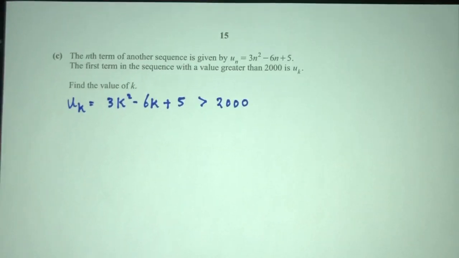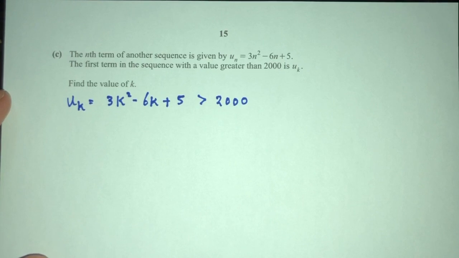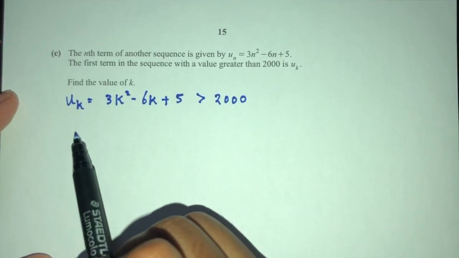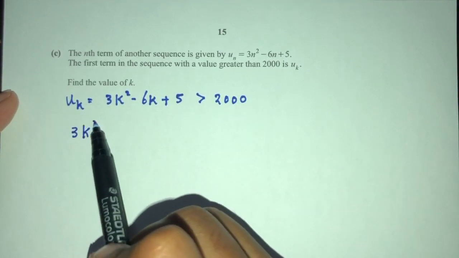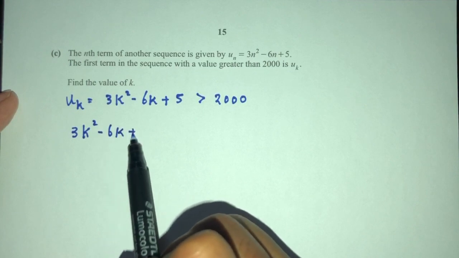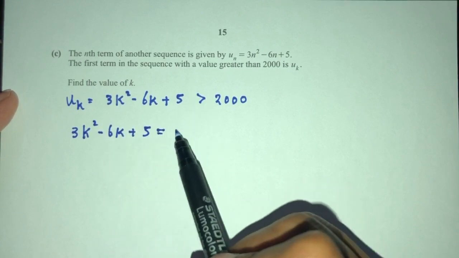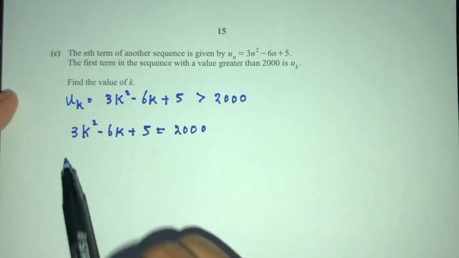Of course, in math D, not add math, we have not learned how to solve these kinds of inequalities. So let's first just simplify this to make it equal, plus 5 equal to 2000. So simplify.